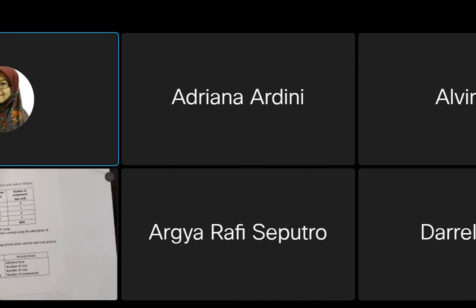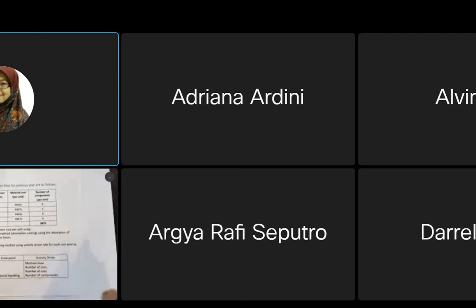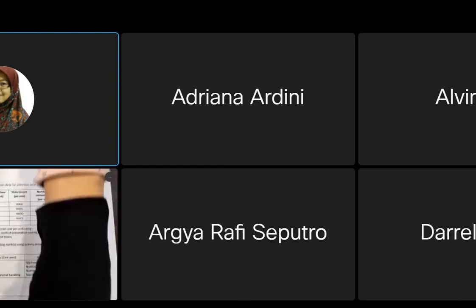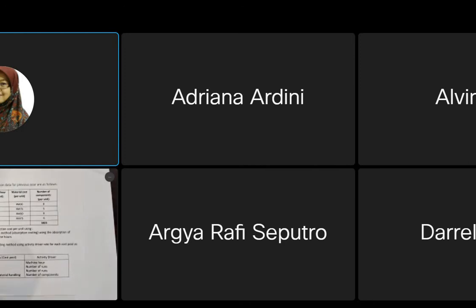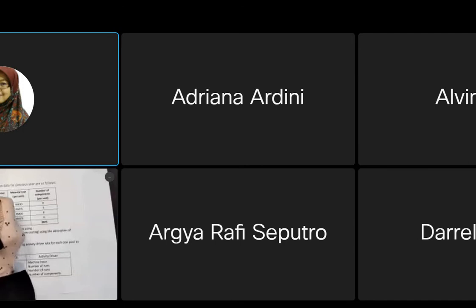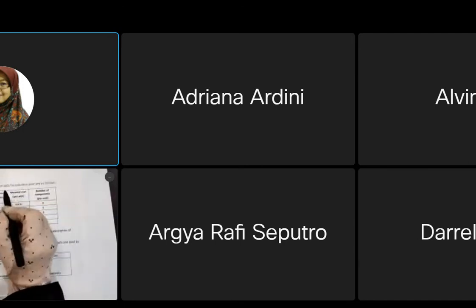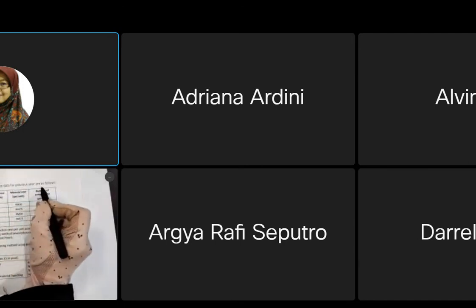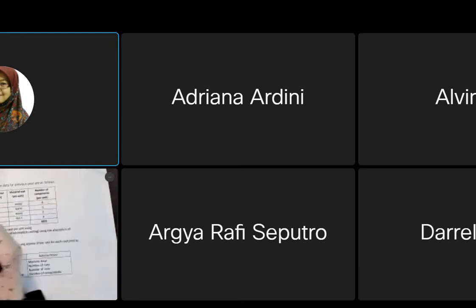This is the same question here. A company produces 4 types of product, K, L, M, and N. Production data for the previous year are as follows. In this table you have the names of the products, K, L, M, N, so 4 products, and then you have the data of unit output and the number of runs.